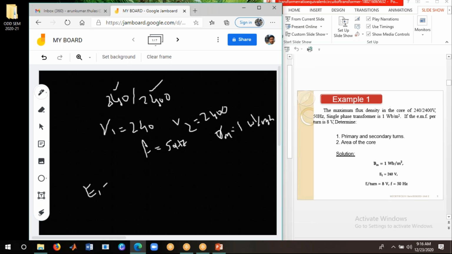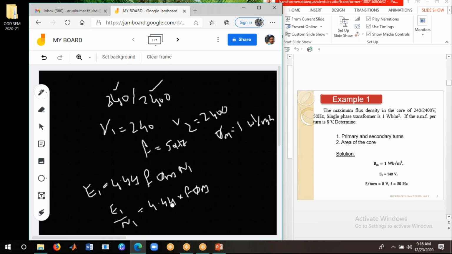E1 is equal to 4.44 f phi m N1. So this is the equation. Now EMF per turn equals 4.44 f phi m, so we can represent it in this equation.